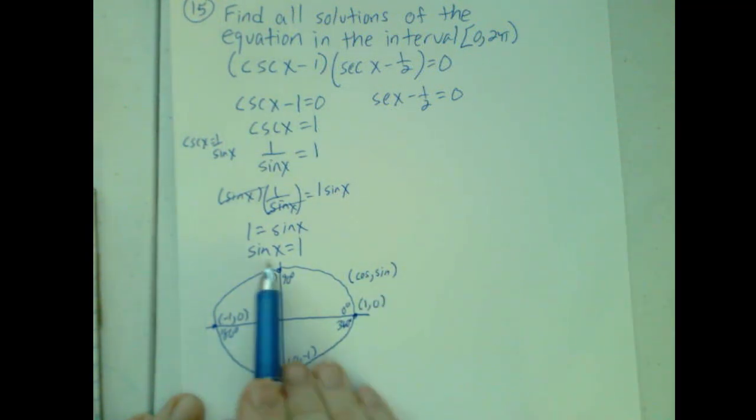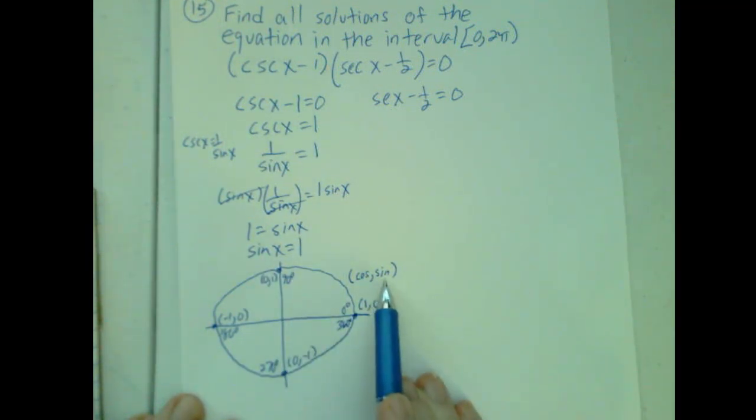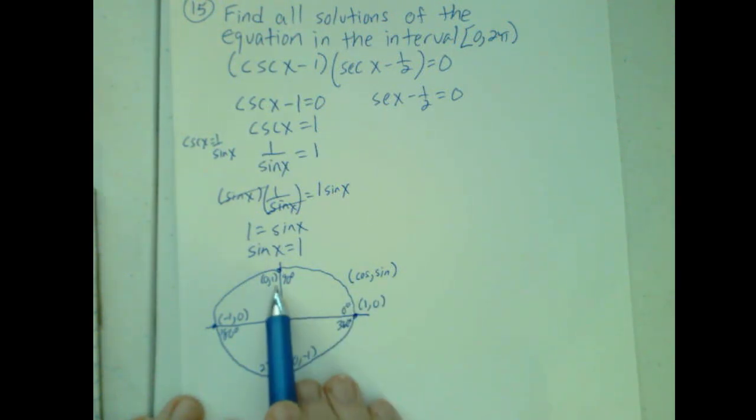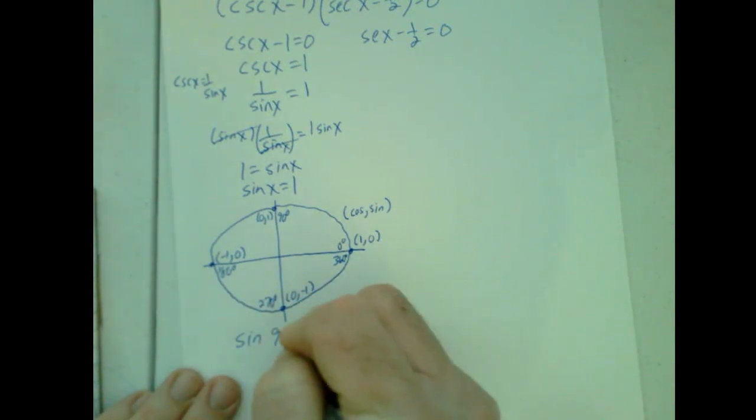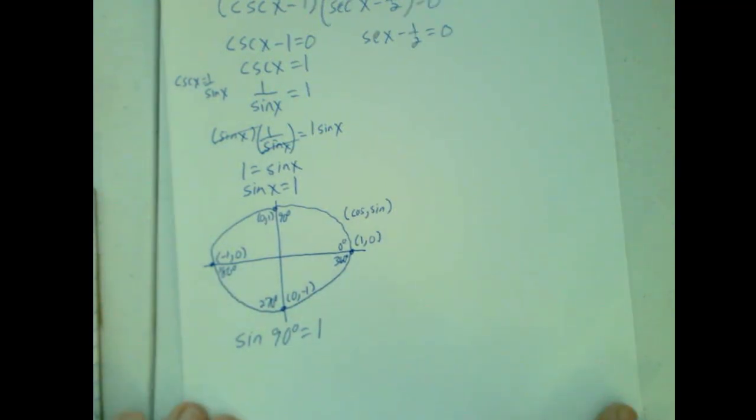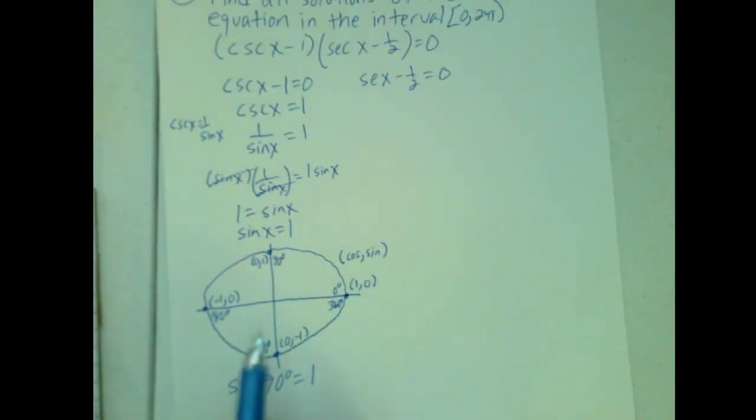Then we're just looking for which angle has a 1 for the y coordinate. Here the y coordinate is 0, that's not what we want. Here we have a 1 for the y coordinate. So sine of 90 degrees is equal to 1. Notice the y value of 180 degrees is 0, and the y value of 270 degrees is -1.